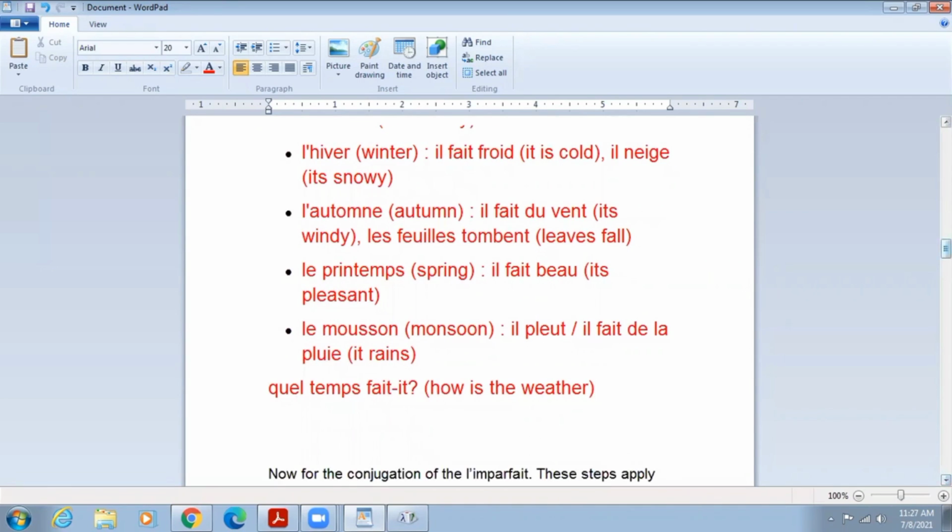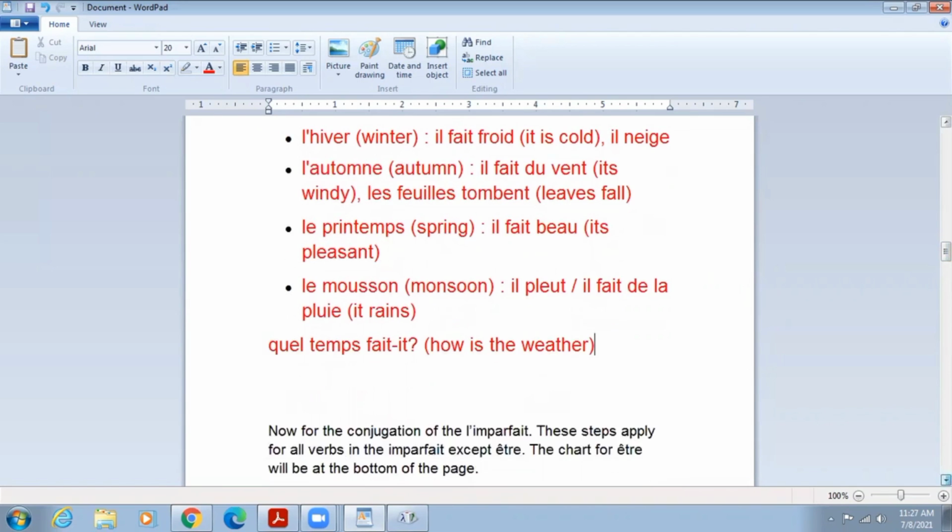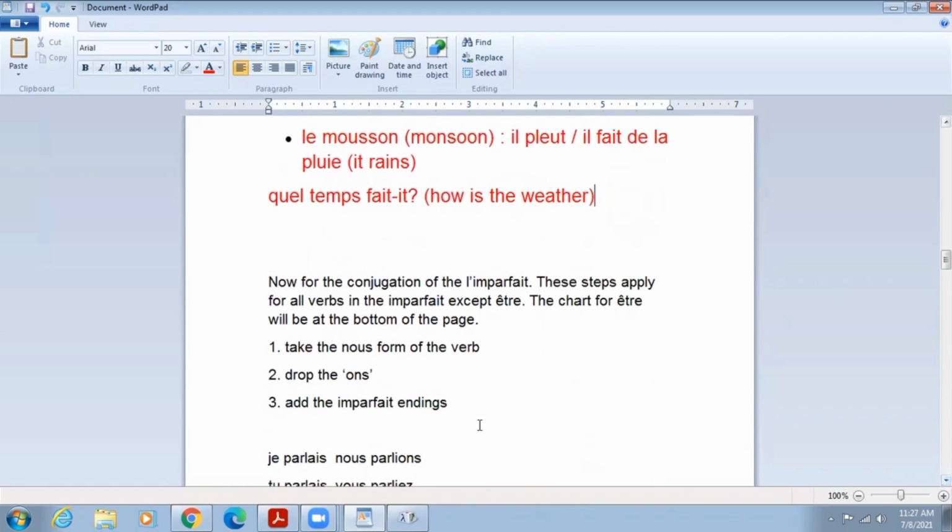So when you have to talk about weather in the past, we will use the imperfect. Got it? D'accord. Now for the conjugation of the imperfect, these steps apply for all verbs except the être verb. The chart for être will be at the bottom of the page.